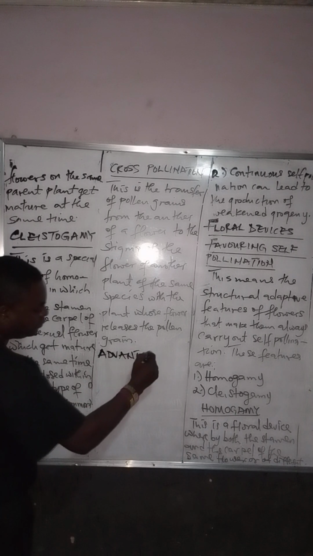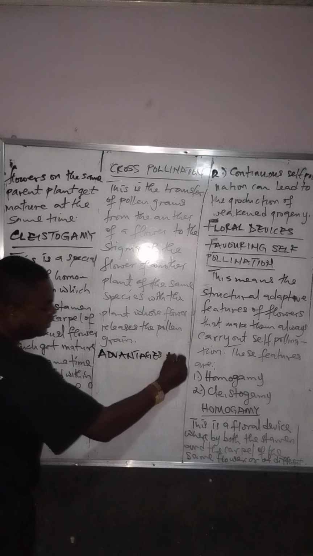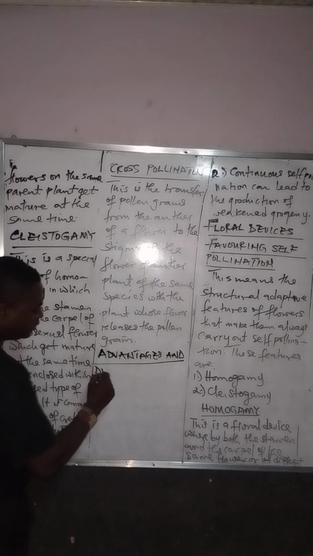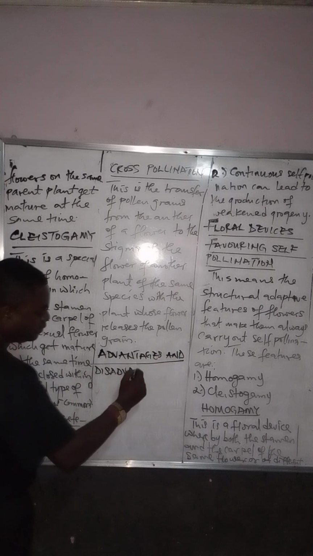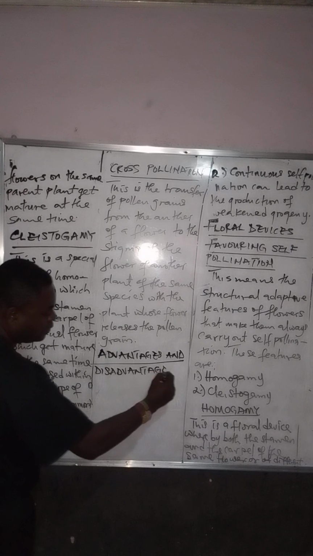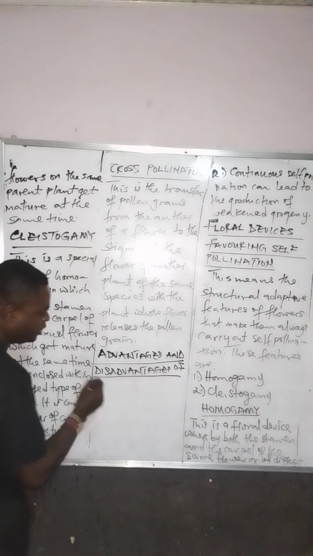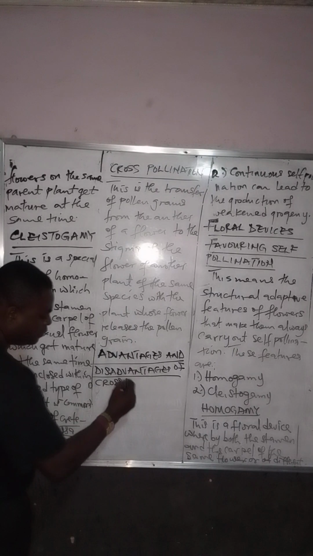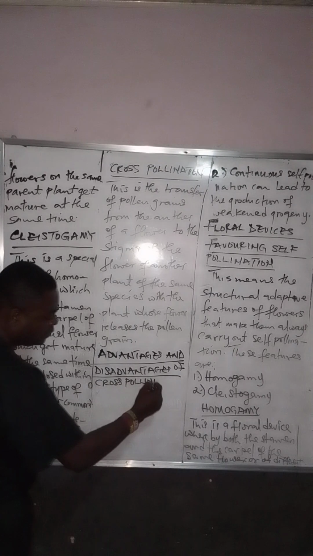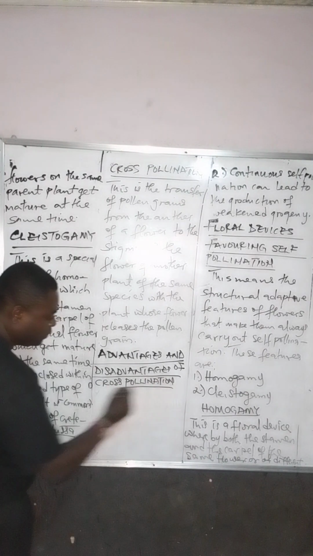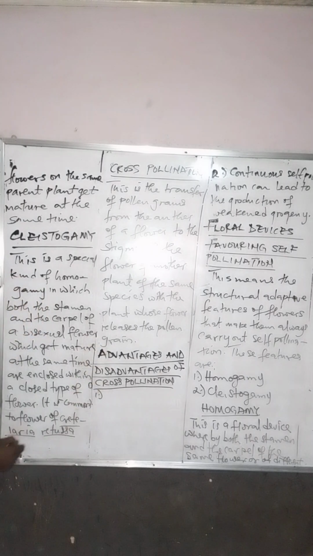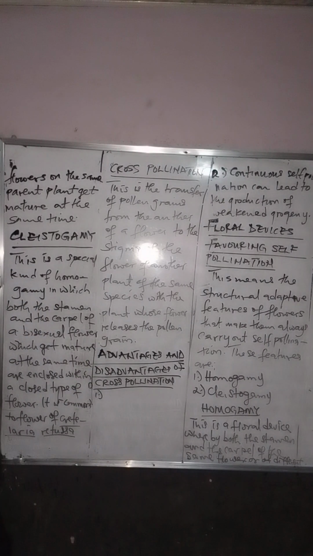Now let's look at the advantages and disadvantages of cross-pollination. Number one, talking about the advantage now. The weakness of self-pollination is the strength of cross-pollination. One of the weaknesses is that continuous self-pollination leads to weakened individuals.